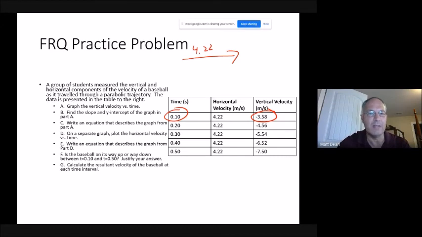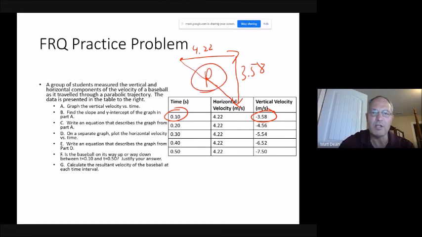So we're going to do a tip-to-tail vector addition. We go to the head of our first vector and put the tail of our second one. We draw the resultant by connecting the tail of the first vector to the tip of the second. That represents our sum, our resultant. And we're going to say r squared equals 4.22 squared plus 3.58 squared, and solve that out.